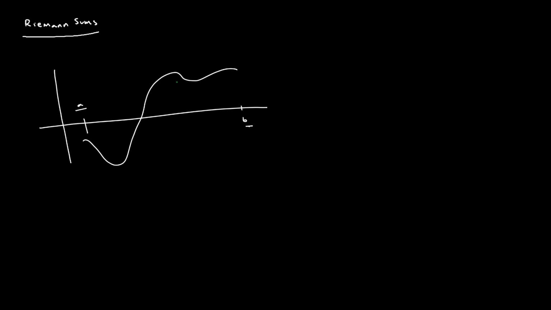That's why we're spending a lot of time to formally define what this integral is. So what a Riemann sum is basically saying is that on some interval, in this case between a and b, we split the interval into some arbitrary n subintervals.